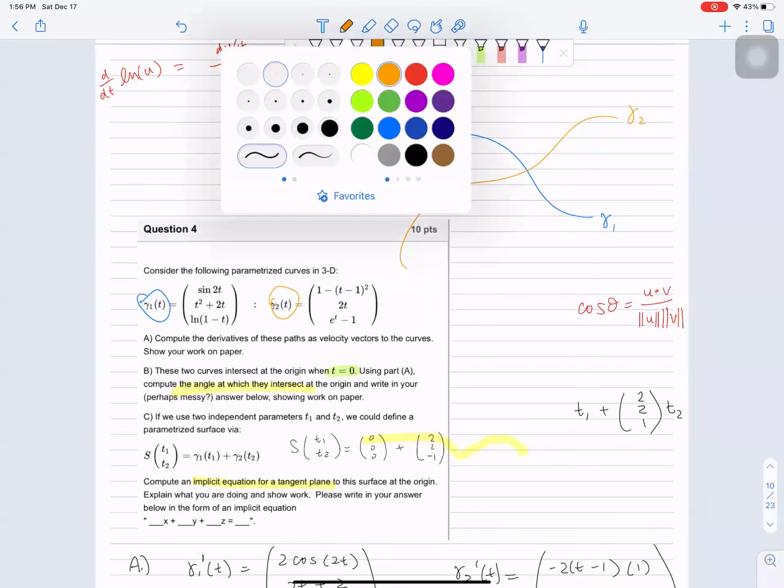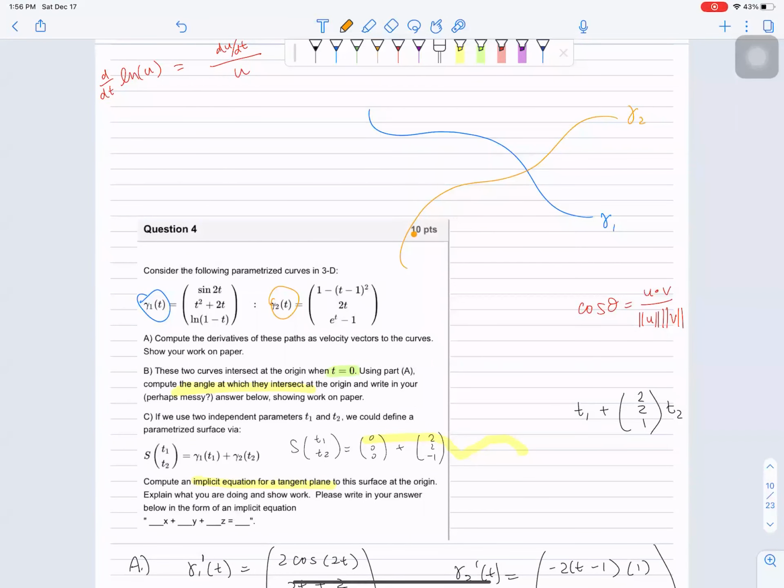So the derivative of gamma 2 would give me this bolded orange line. That's gamma 2 prime. Gamma 1 prime would give me this bolded line. Let me draw it better, like that. Because this is the tangent vector to gamma 1.